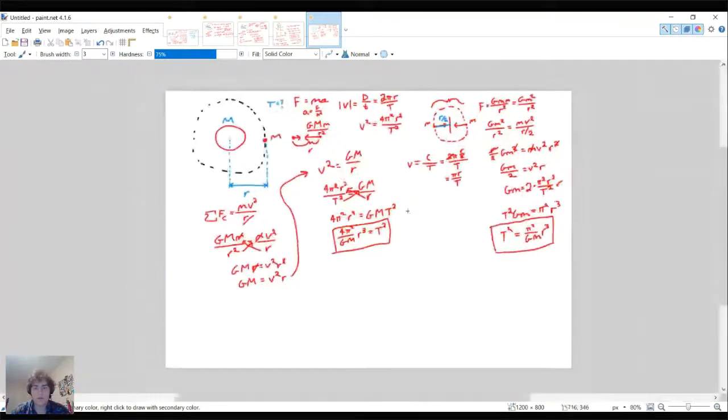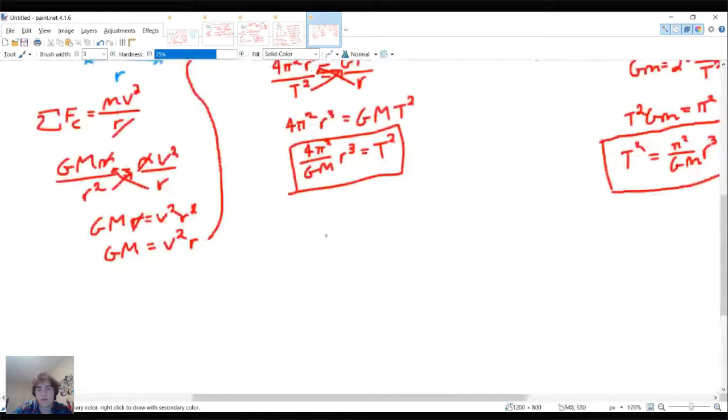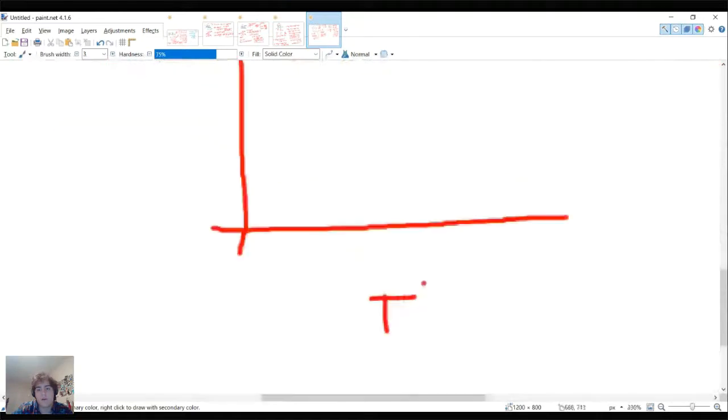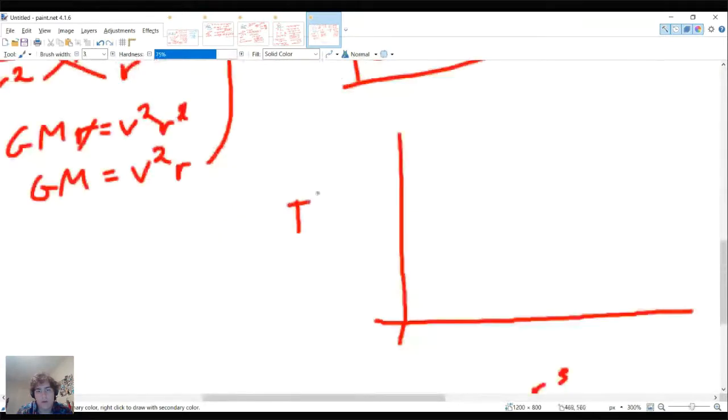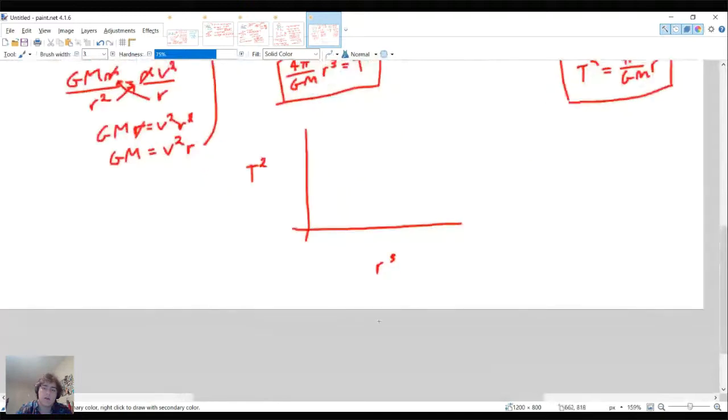So if you had data and you wanted to solve for the mass of the planet in a lab exercise or AP free response, you'd have R cubed on this axis, T squared on this axis, and you have the data for multiple planets: how long a year is on each planet, and how far away the planet is from the sun.